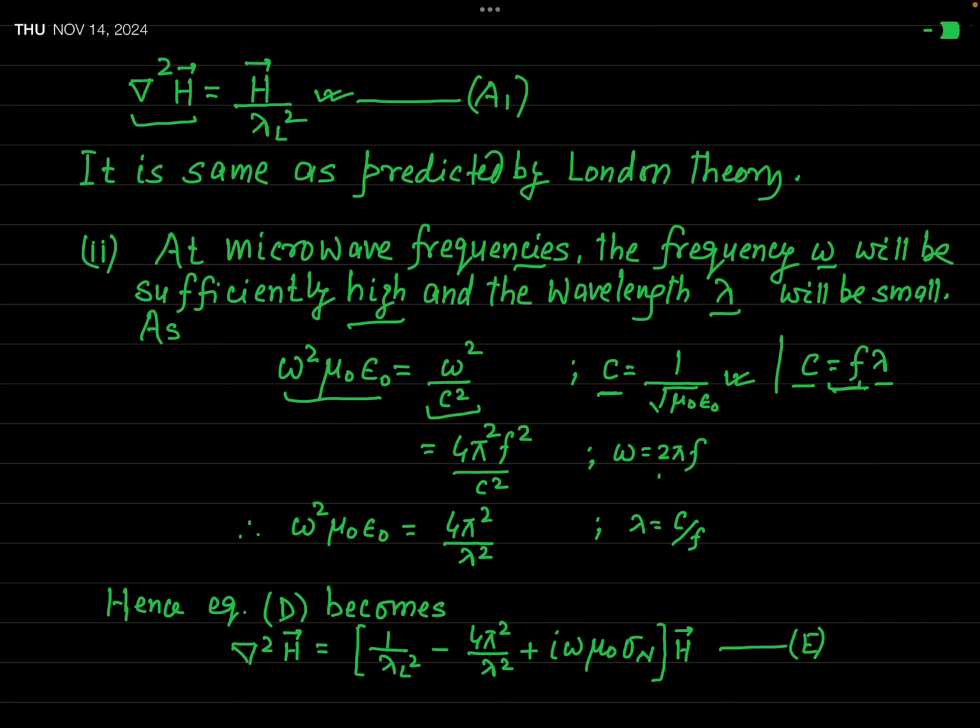But omega is equal to 2 pi f, where f is the frequency and omega is cyclic frequency, so this result can be written as 4 pi square f square over c square. But lambda is equal to c by f. So when you replace f by c by lambda, your result will be omega square mu naught epsilon naught equal to 4 pi square over lambda square.